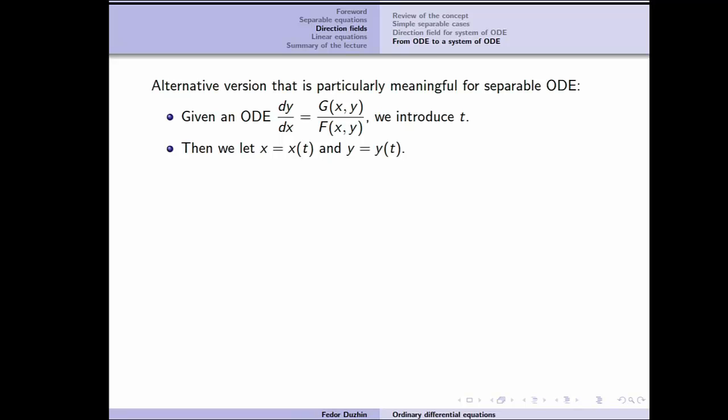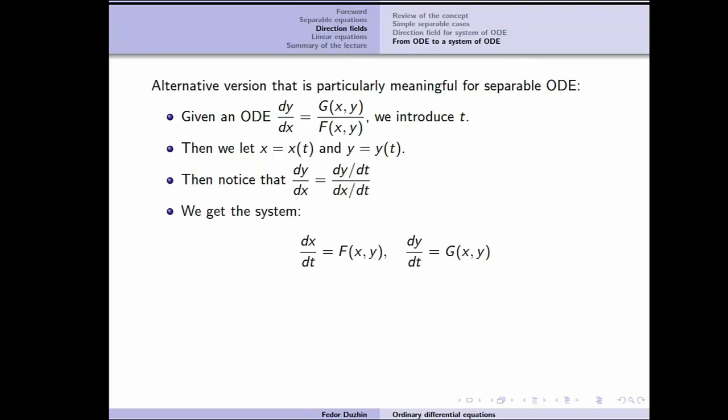If the right-hand side of the single ODE is g over f, then we can introduce this new variable t in a different way, and then the left-hand side becomes two different derivatives, dx/dt and dy/dt, which of course in general is not really much simpler than the original differential equation.